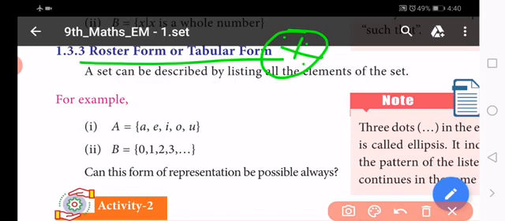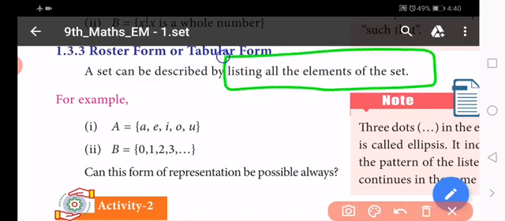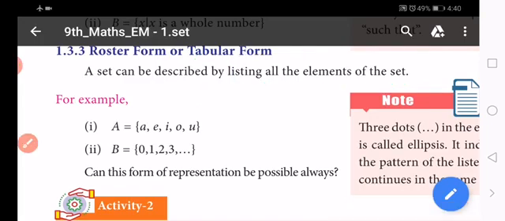A set can be described by listing all the elements of the set. So in the roster form or tabular form, all the elements are listed.